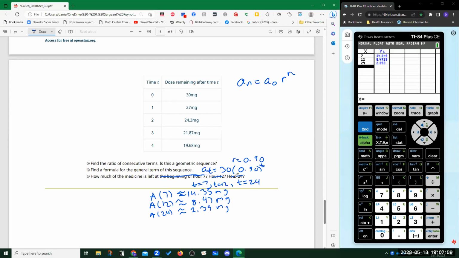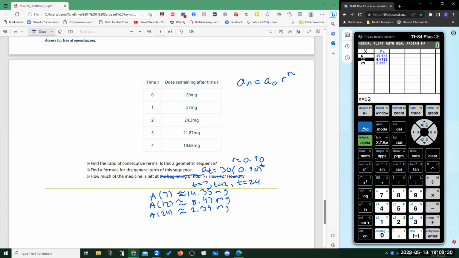So at the beginning of the 7th hour is going to be raised to the 6th power, but we're not going to do that here. We're going to actually just say, let's find it when it's been 7 hours. Or if we want to find it when it's 6 hours, let's explicitly state we want to find it when it's 6 hours, and it's that.